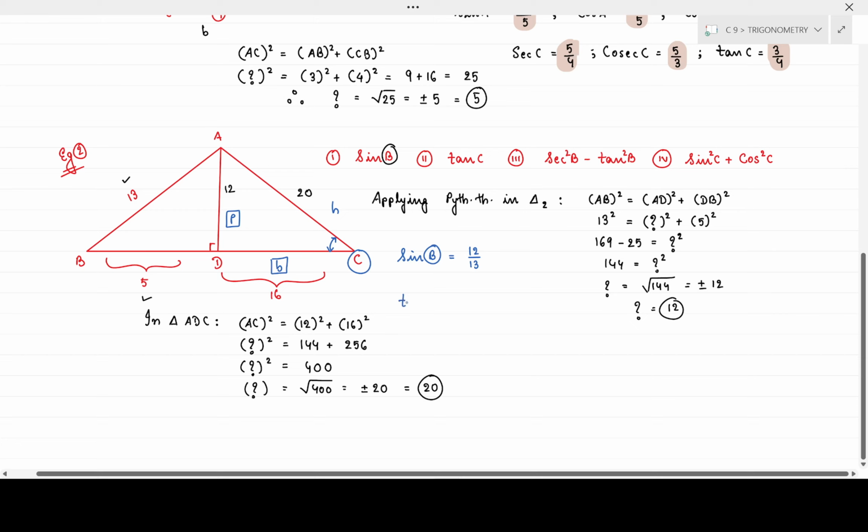So when we're talking about tan C, perpendicular by base, that is 12 out of 16. Similarly, you can calculate all the other respective values. If there is a square, substitute the value and then square it and then subtract them.